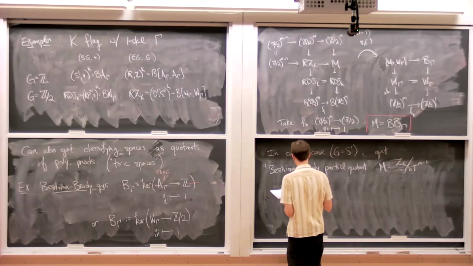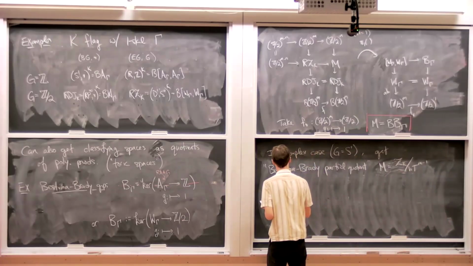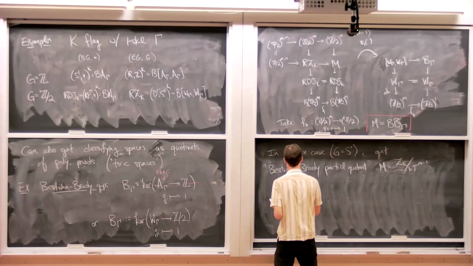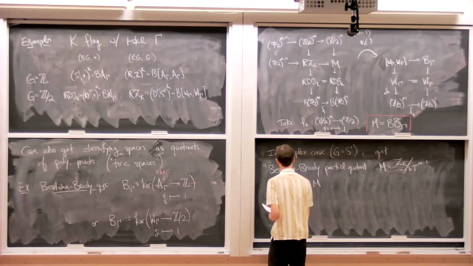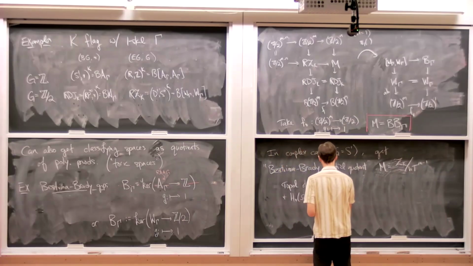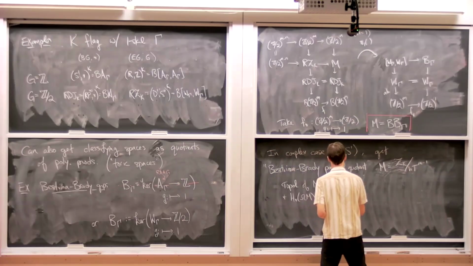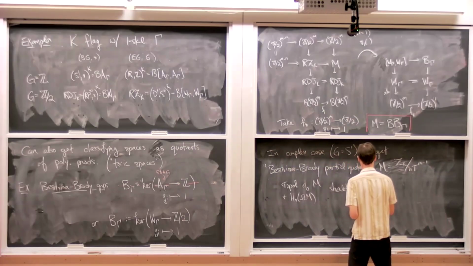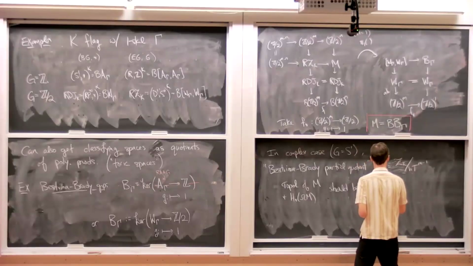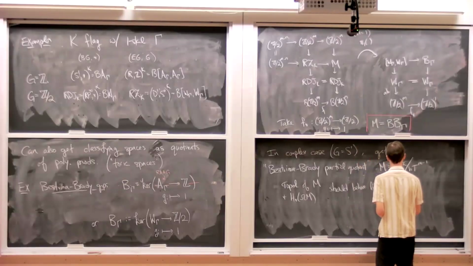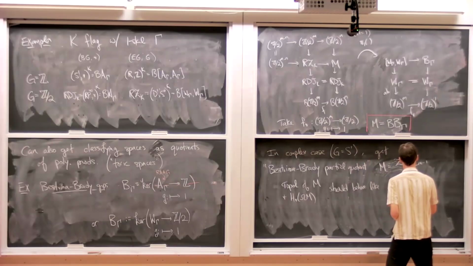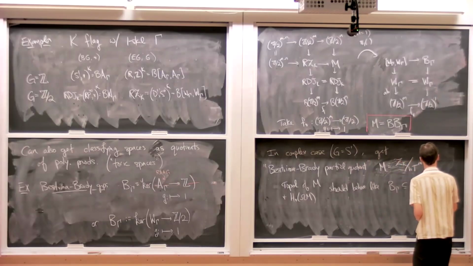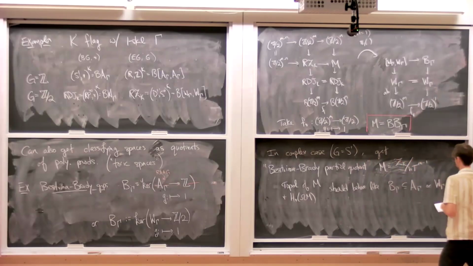And what I'm saying in this analogy is that the topology of M, and especially the Pontryagin ring, should behave like the Bestvina-Brady group, thought of as a subspace either of the Artin group or the right-angled Coxeter group.